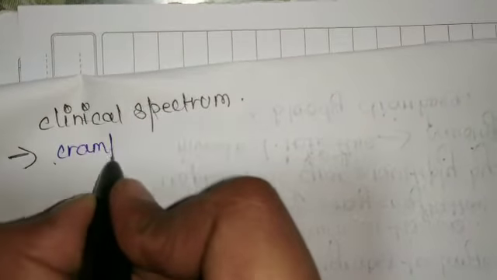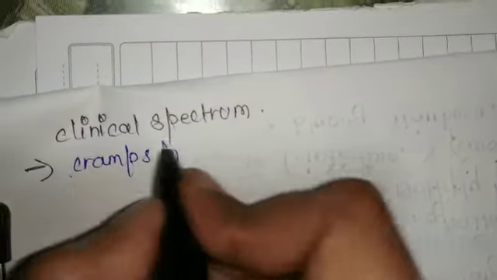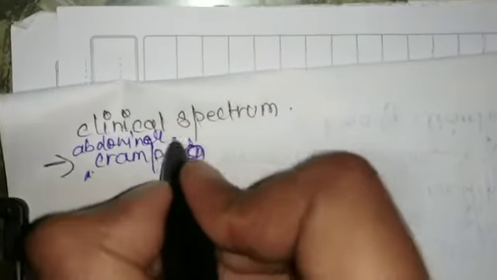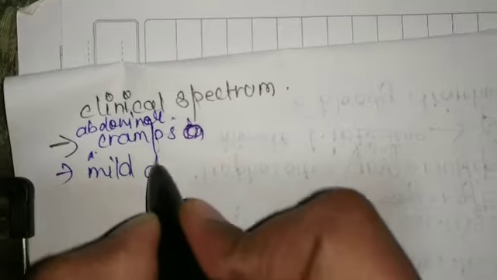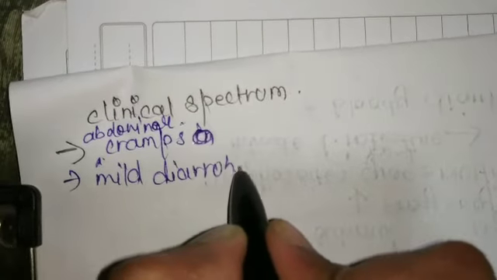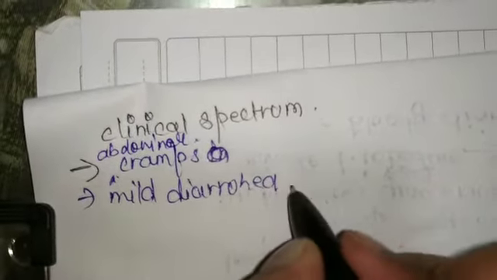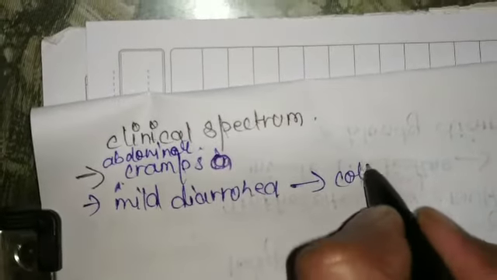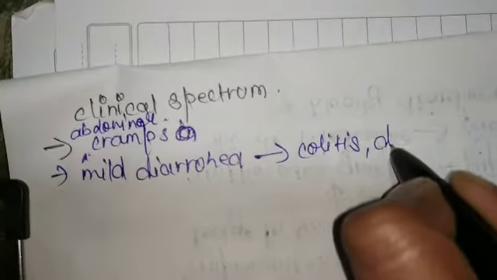And if one person has amoebiasis, they may get abdominal cramps in the stomach and mild diarrhea, progressing to colitis or dysentery.